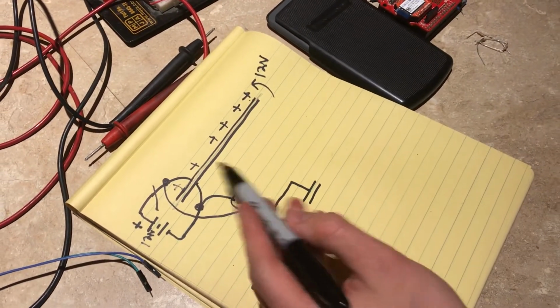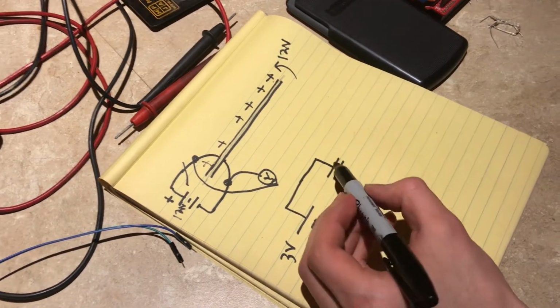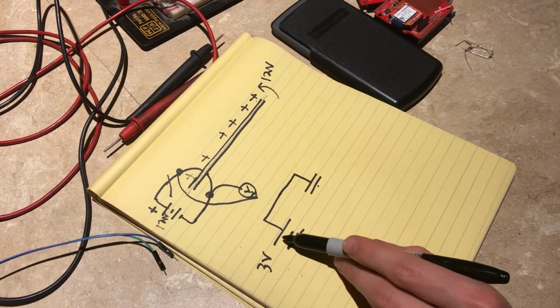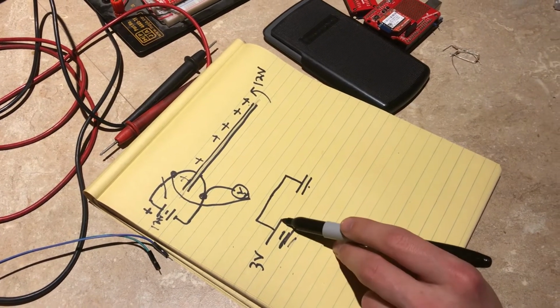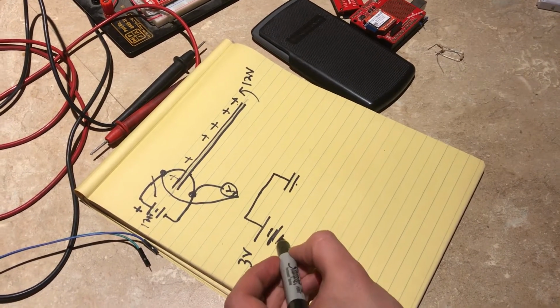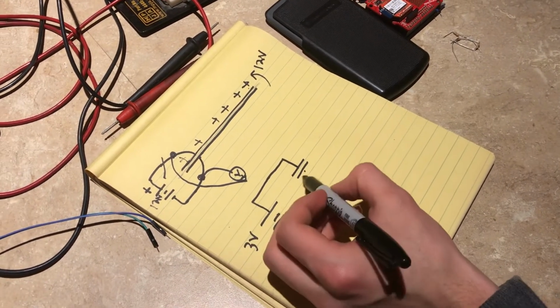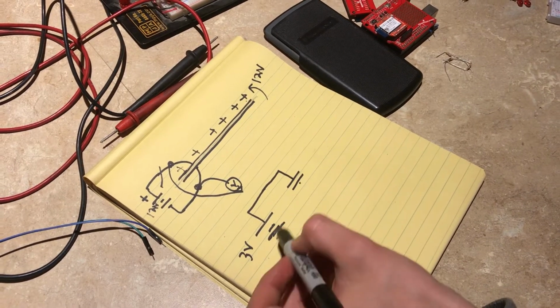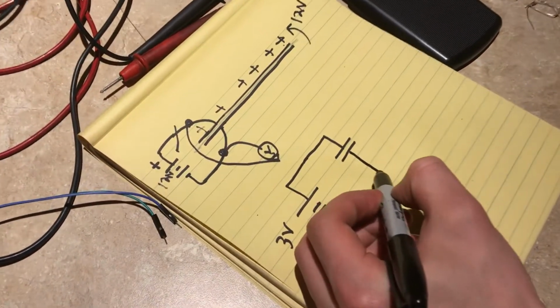I drew it smaller. This is actually the standard symbol of a capacitor in a schematic. It looks a little like a battery, but a battery is a series of long and short lines. So they can be confused. It's important that you show that they're the same length to make it look different from the battery symbol.